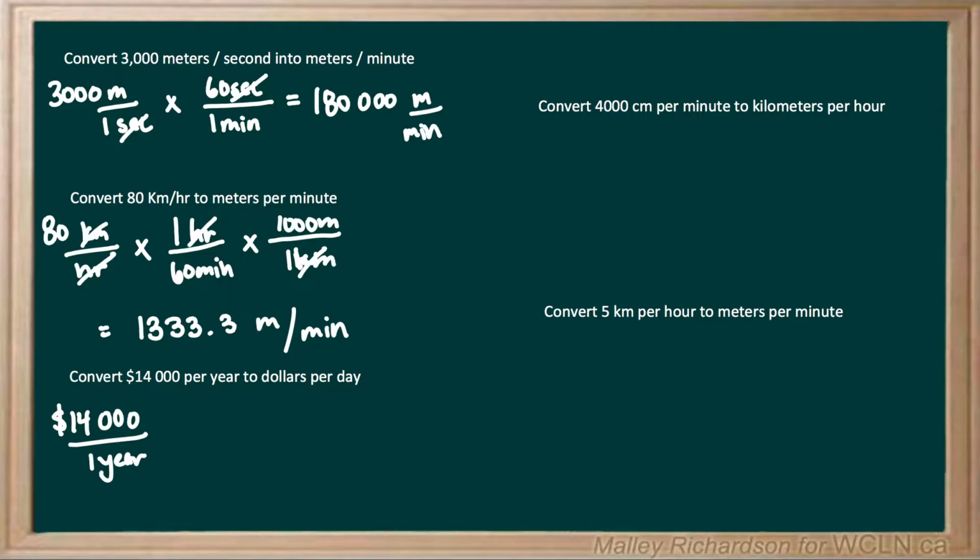We know that there are 365 days per year, so we want to multiply this by the relationship of 1 year for every 365 days. This year on the top cancels out with the year on the bottom, and we're left with the units of dollars per day. So now all we have to do is 14,000 divided by 365, which gives us approximately $38.36 per day.